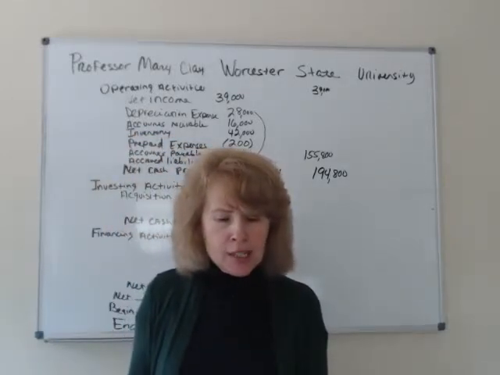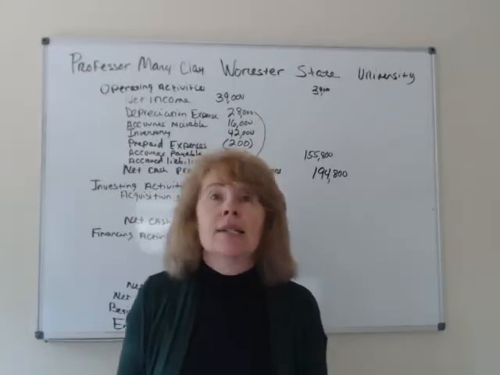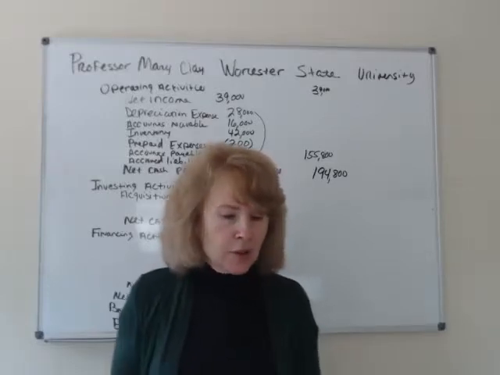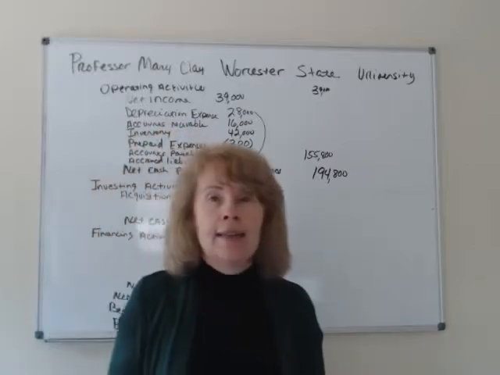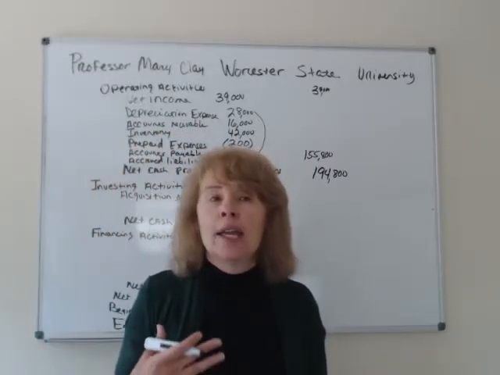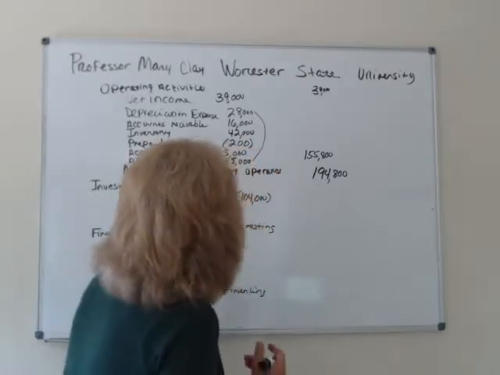Proceeds from the sale of land totaled $39,000. Proceeds means they received cash for the sale of land. Proceeds for the sale of land totaled $39,000. Land is a plant asset that's going to go in investing. They sold it, that means cash is going up.